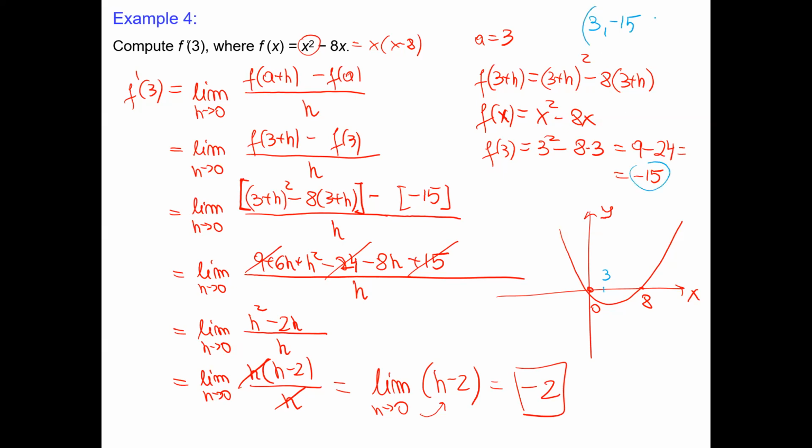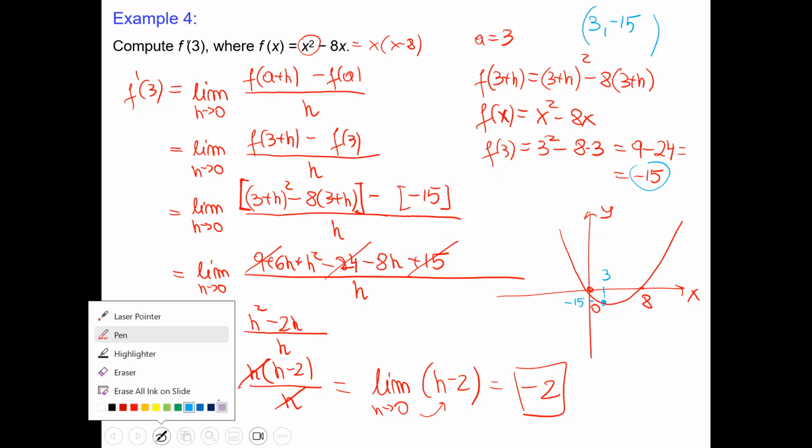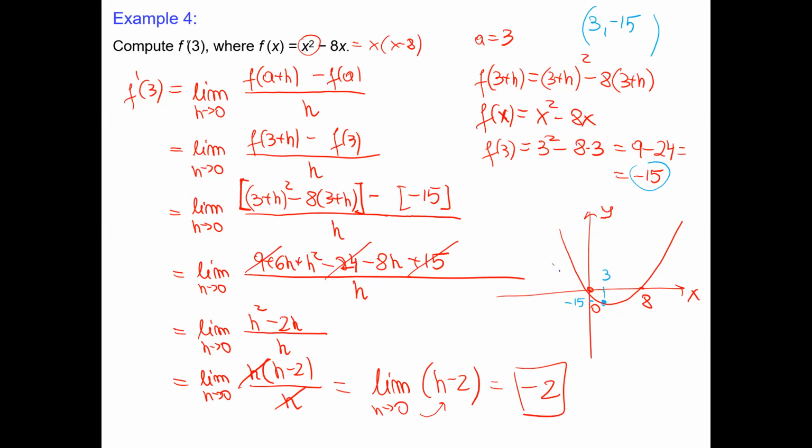My scale is off, but the labels are correct. When we draw a tangent, it's definitely negative. It means the slope is negative 2. We don't have to find the whole equation.